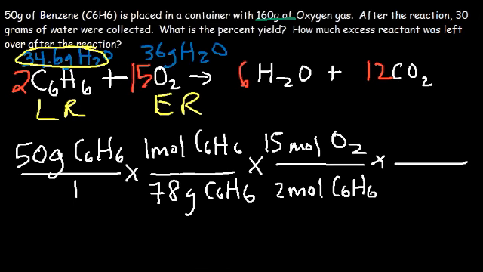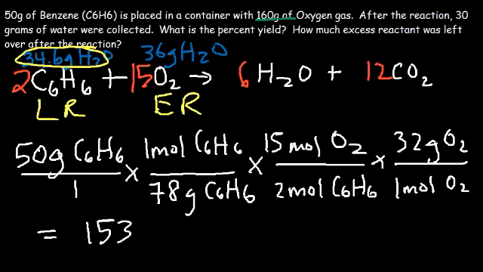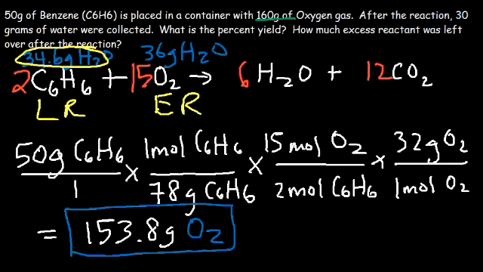And now we need to convert moles of O2 back to grams. We know that the molar mass is 16 times 2, or 32. So 50 divided by 78 times 15 divided by 2 times 32 is about 153.8 grams of O2. This is the amount that actually reacts in the reaction. That's how much is consumed.